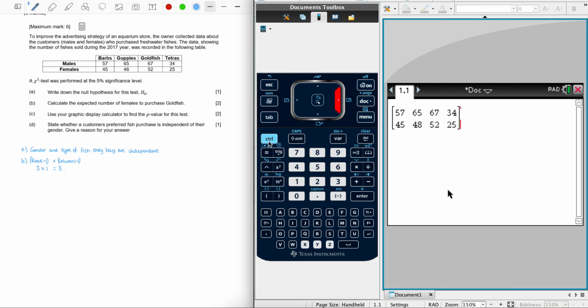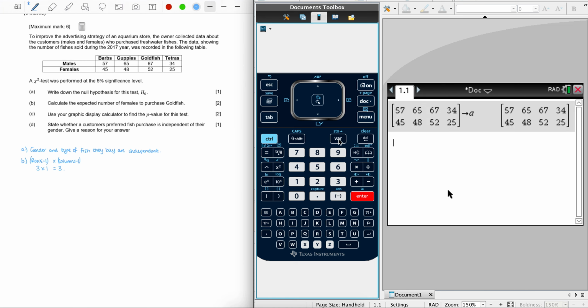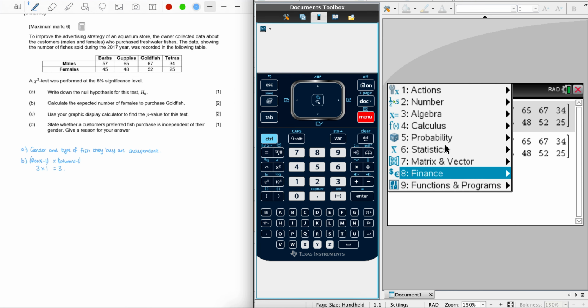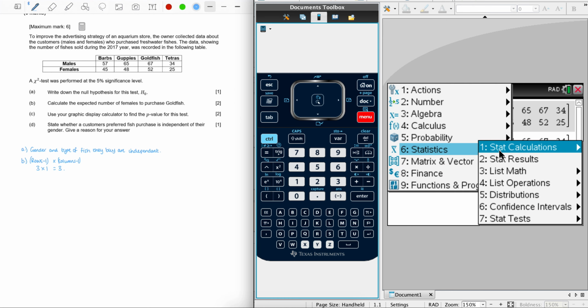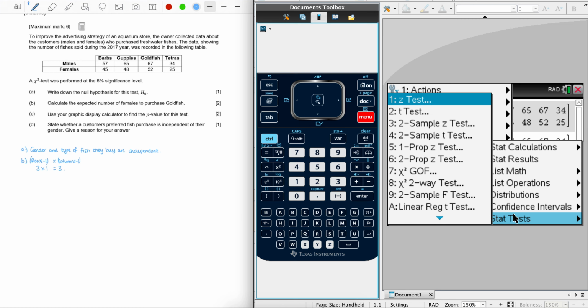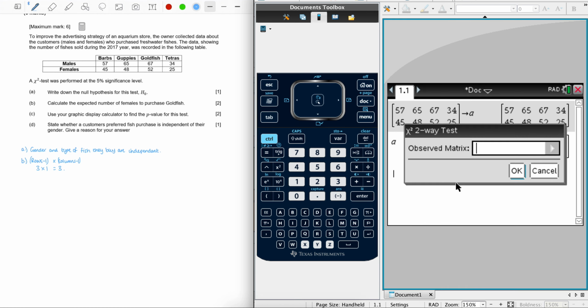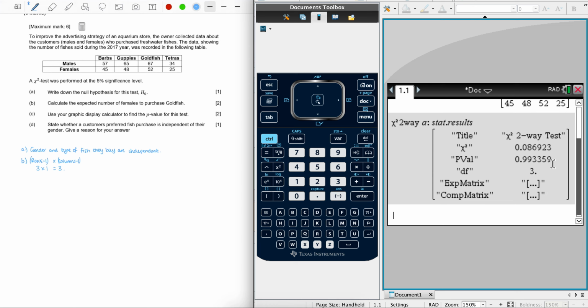And we want to store that, so we're using the control and this button, and we're going to call it any letter you want. So whenever we put that, it's stored the data in there. And then we can go to menu, statistics, stats tests, and we're going to do a chi-squared two-way table of the data that's stored in A. And that gives us our p-value, which is 0.99.